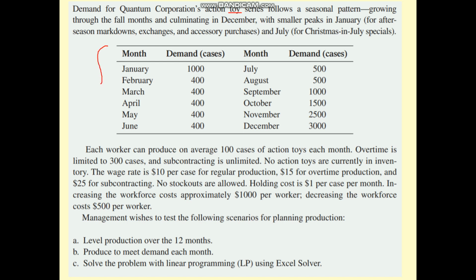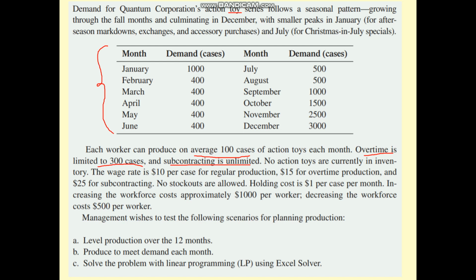So here we have the demand data for this company from January to December. And one worker can produce an average of 100 cases of toys each month. They can work overtime, but it is limited to 300 cases, and the subcontracting is unlimited.